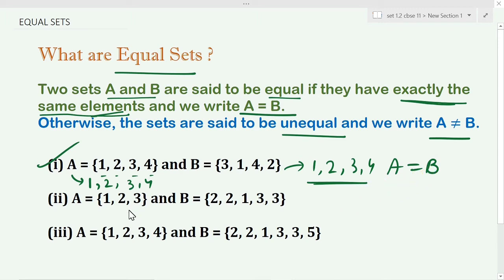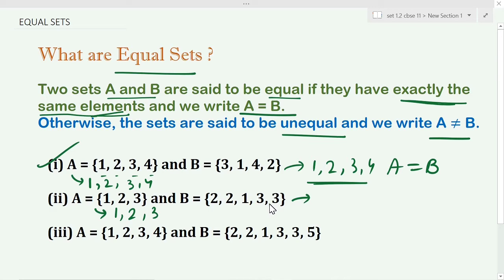Now look at the second question. A equals {1, 2, 3}. So the elements of A are 1, 2, 3. Now the elements of B are 2, 2, 1, 3, 3.